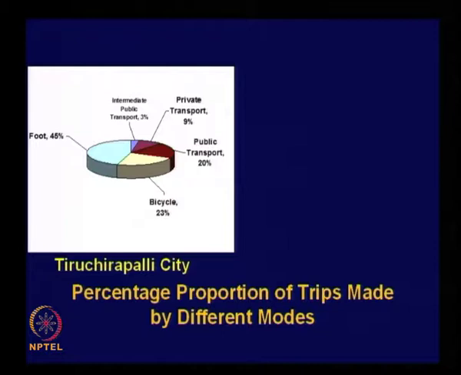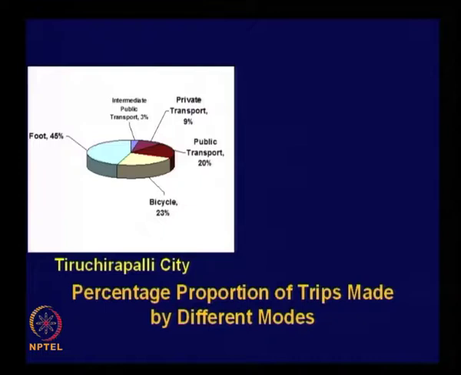Trips made by foot 45%, by private transport vehicles including motorized two-wheelers, cars and so on 9%, intermediate public transport, auto rickshaw, cycle rickshaw, taxi altogether 3%, bicycle 23%, public transport 20%. For your information, in Tiruchirappalli city at the time of the study, bus was the only public transport mode available. The share of bus is 20% of the total trips.